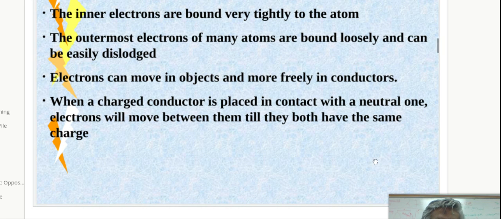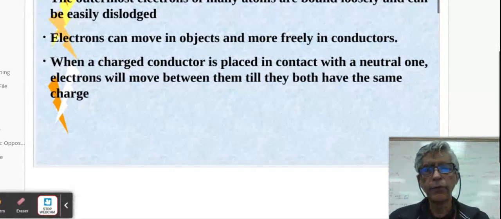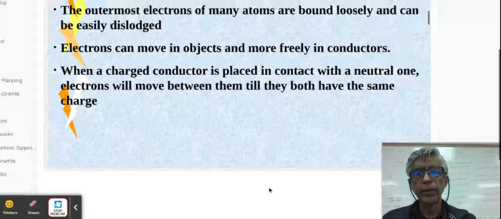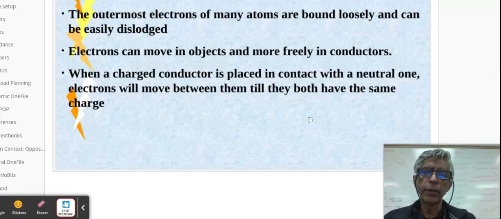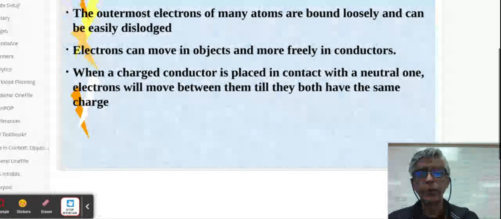So again, as you guys recall, electrons can carry the charge, and in conductors we have free electrons, and they can very easily move about and create a positive or negative charge being moved from one point to another.